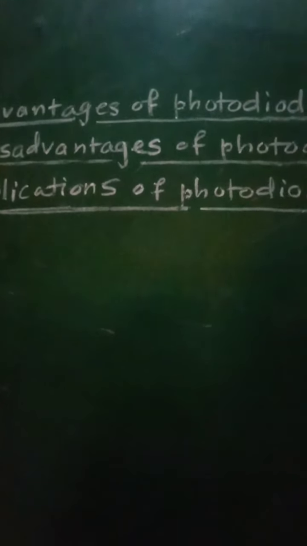Second disadvantage is that the photodiode has low reverse current for low illumination level of the incident radiation. If the illumination level of the incident radiation is less, then low reverse current will be produced by this photodiode. So these are some of the disadvantages of this photodiode.